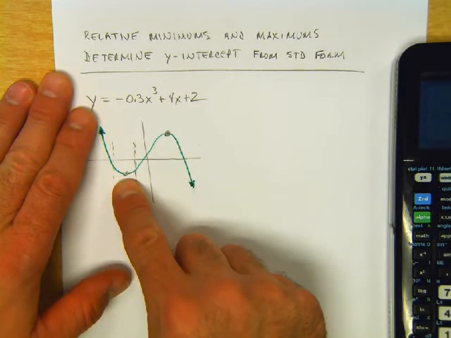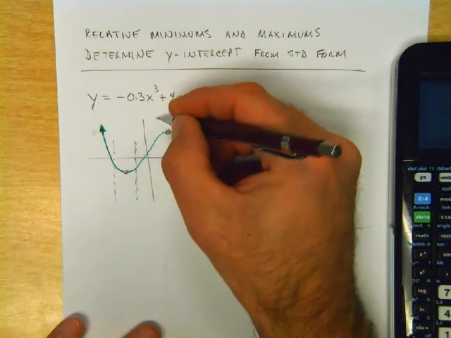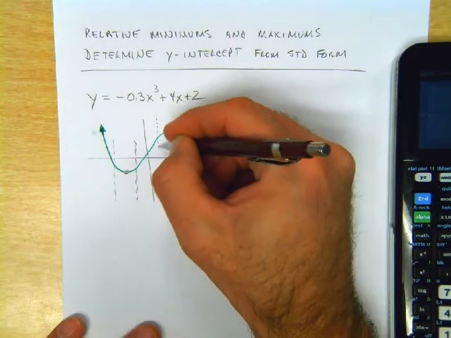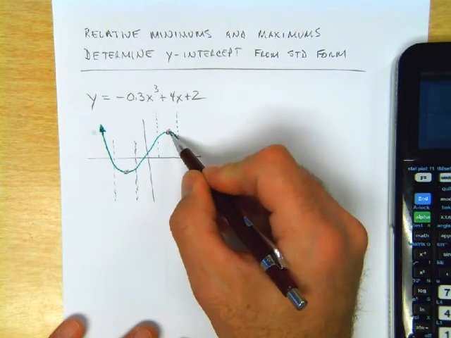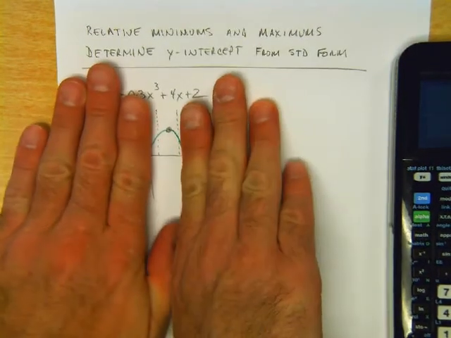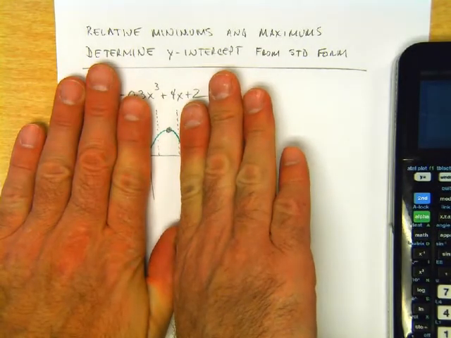And if you were to draw some fences on either side of this other turning point, well, there's a relative maximum right there. Okay?